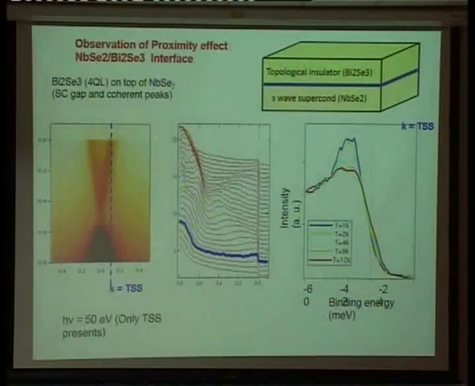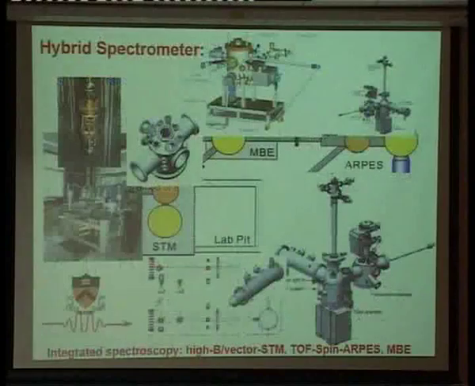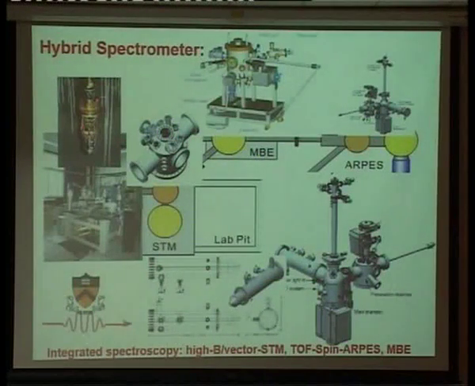The next thing, which Shankar would like to see, is what happens when we apply a magnetic field. Is there a zero bias peak or any of that stuff? For that we again need new technology, and that's what we are building. We're building this hybrid spectrometer in my lab where we combine a high field vector field STM, where I can manipulate the field.